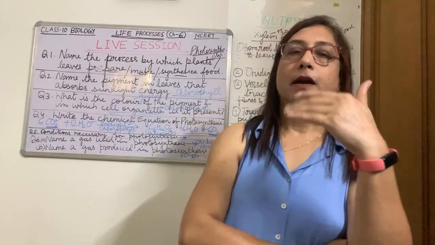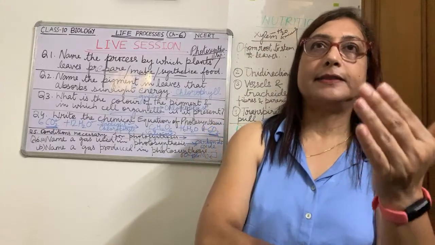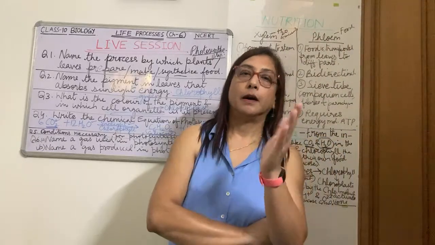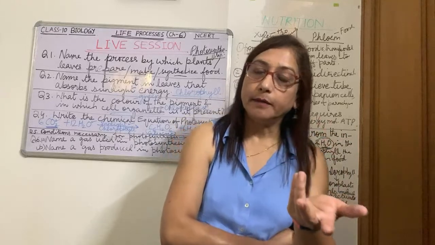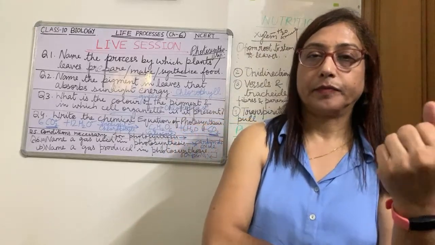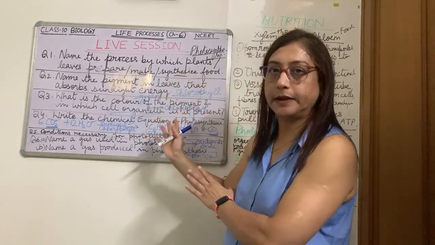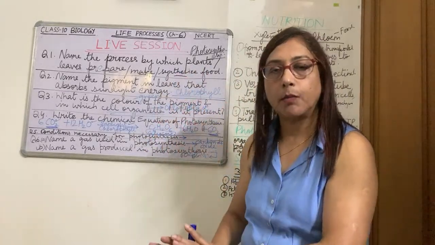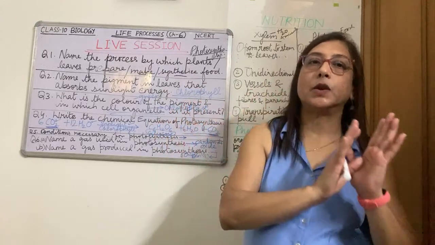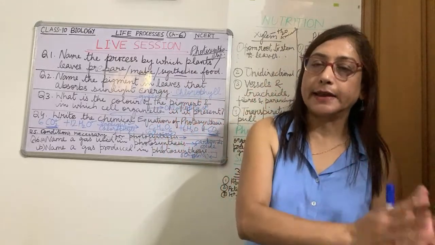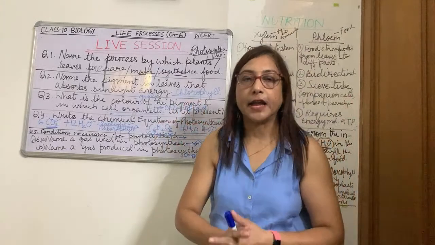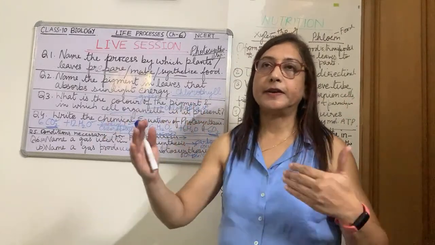is then converted into nitrites and nitrates by nitrifying bacteria. Okay, the nitrogen fixing bacteria fix the atmospheric nitrogen, convert it into ammonia, and this ammonia is converted into nitrites and nitrates by the nitrifying bacteria. These are different sets of bacteria.